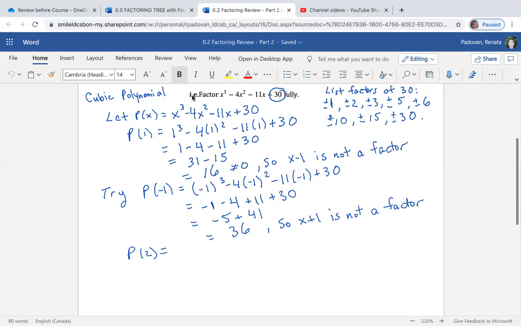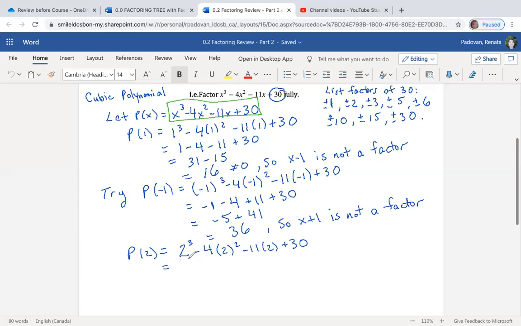And if you want to, you could highlight it, making sure you're going back to the original. So I have 2 cubed minus 4 times 2 squared minus 11 times 2 plus 30.